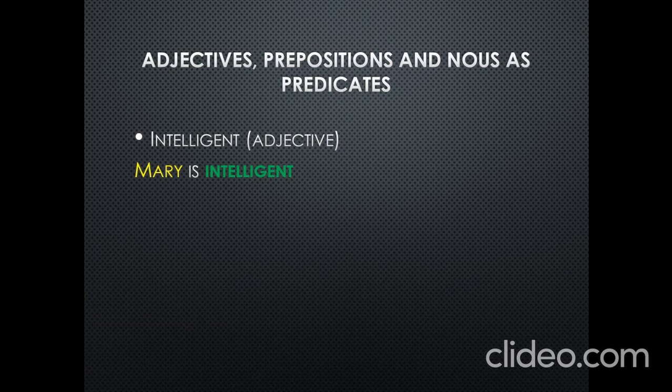Requires somebody that has this feature, that has this quality, this trait of being intelligent. So as you can see, intelligent selects for one argument, in this case, Mary.